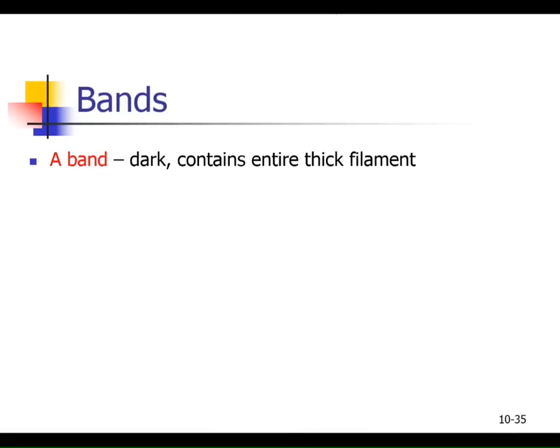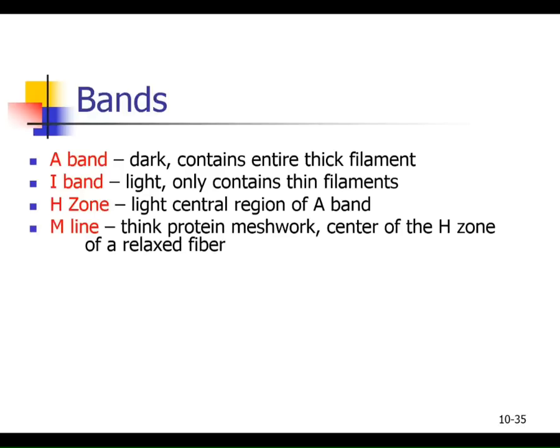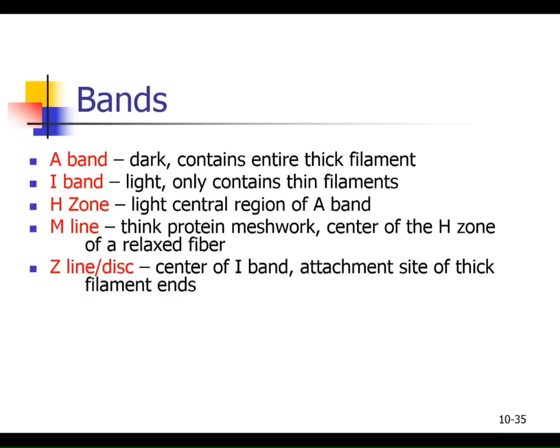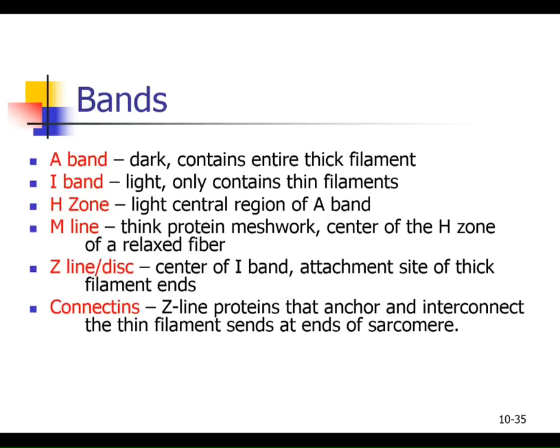Now I'm going to skip over this slide. I'm going to tell you what to cross off, then I'm going to skip over it, and then we'll come back to it. In muscle, what you want to be looking for is I do want you to know A, I, M and Z. You can go ahead and cross off H. I'm not going to ask you about H. So cross off H. And I'm also going to let you cross off connectins, and below it, the word titans.